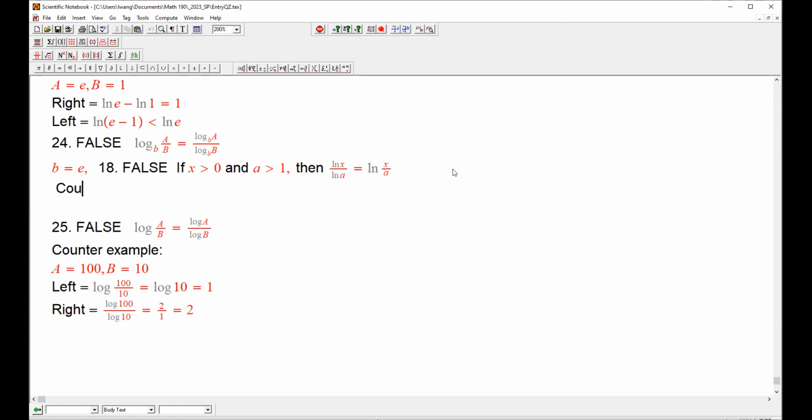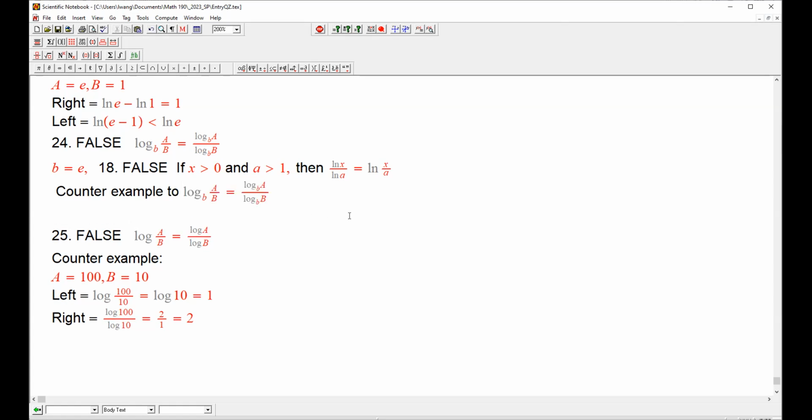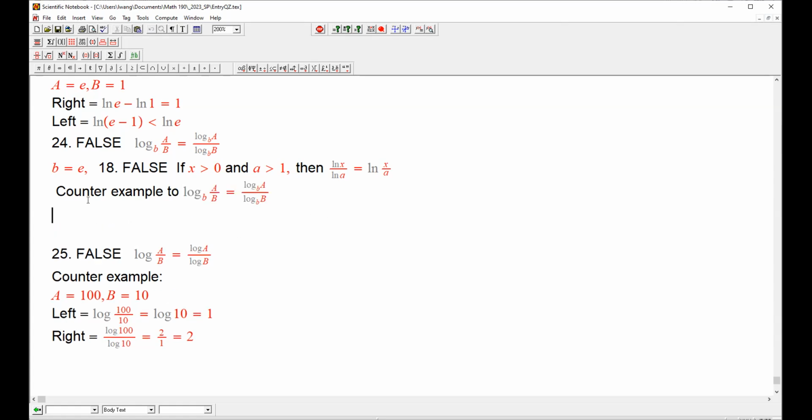A counterexample for any base is easy. Let me give you some. It's a horrible mistake. a equals b squared, and b equals lowercase b.